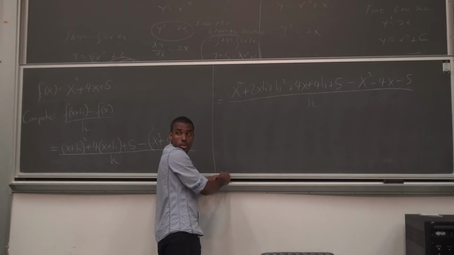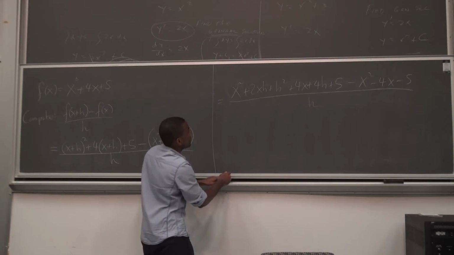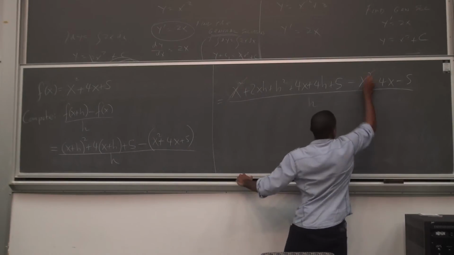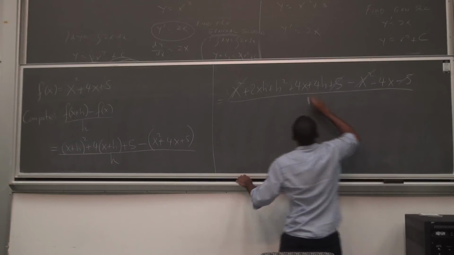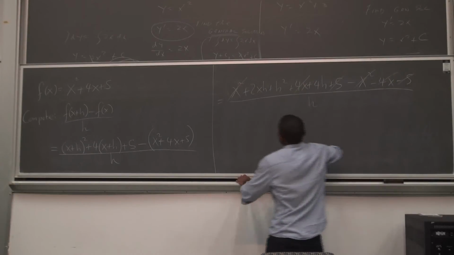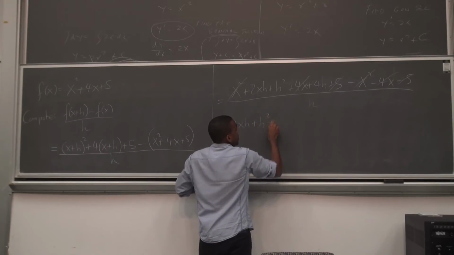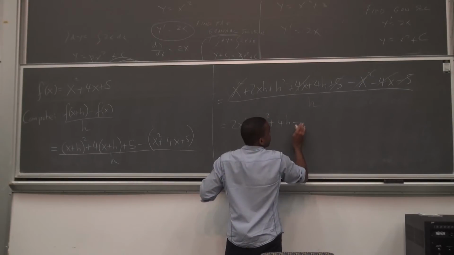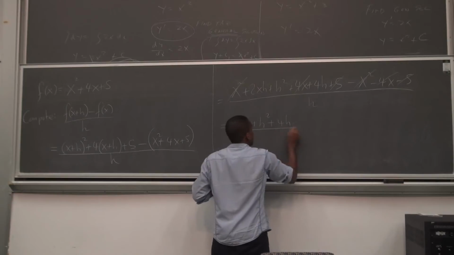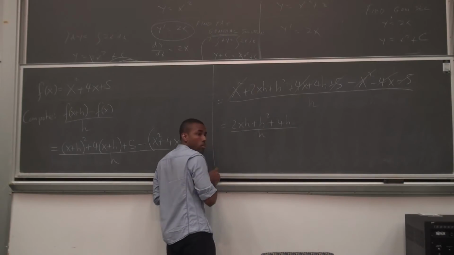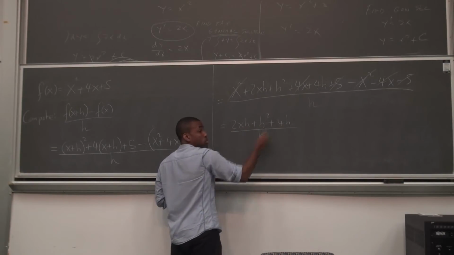Now what? Cancel out. Yeah, things kill each other, right? This positive x squared kills that guy, the plus 5 kills that guy, the plus 4x kills that 4x, and we're left with 2xh plus h squared plus 4h. And that's it. Now what? H is a common term, so we keep going.